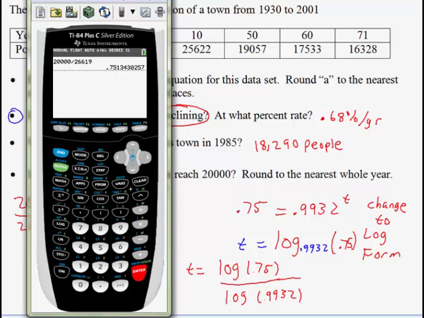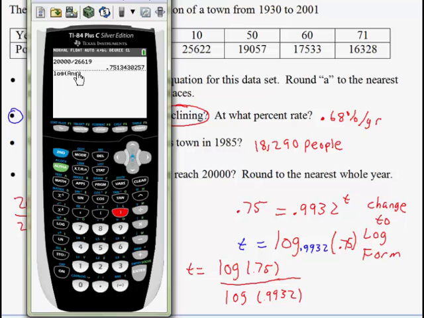So when I go to my calculator, remember I said I was going to use the common log, but I was going to use also the unrounded version, or I should say the full accuracy of my calculator to evaluate it. So instead of saying 0.75, I'm going to say previous answer. Since this was the last thing I did on my calculator, hitting second negative will draw up the full accuracy of my calculator there, and I'm going to close that parenthesis.